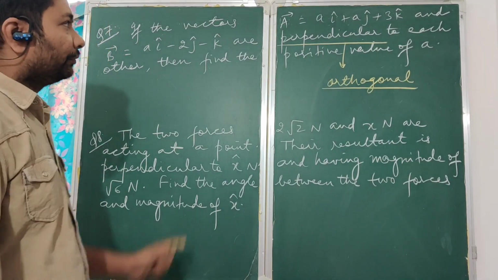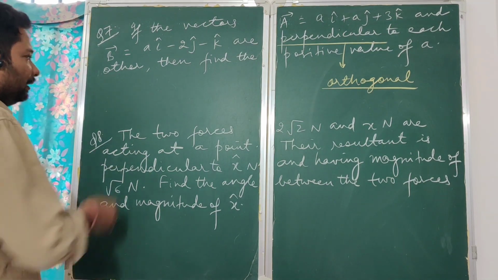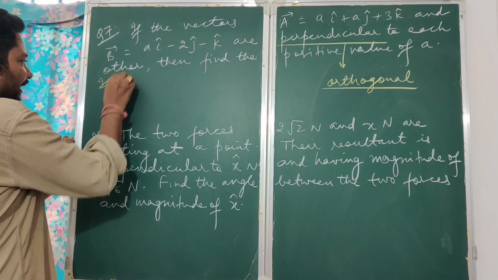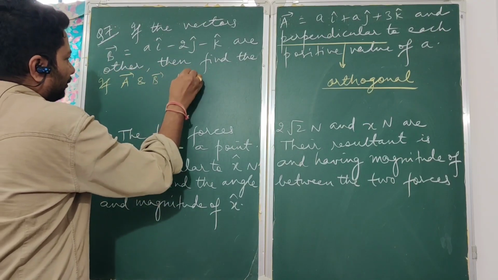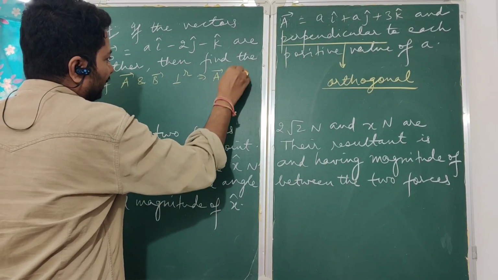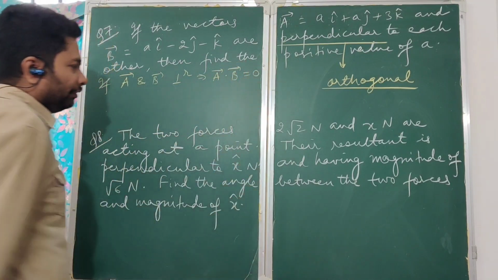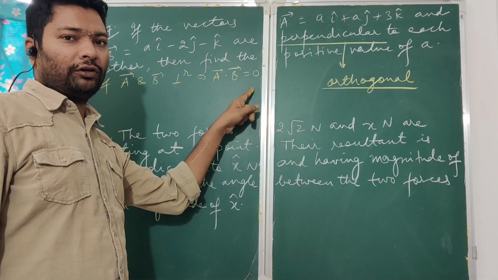If A vector and B vector are perpendicular, it implies that the dot product of these two vectors will always be 0. Why will it be 0? Because this is equal to mod of A mod of B cos of 90 degrees.